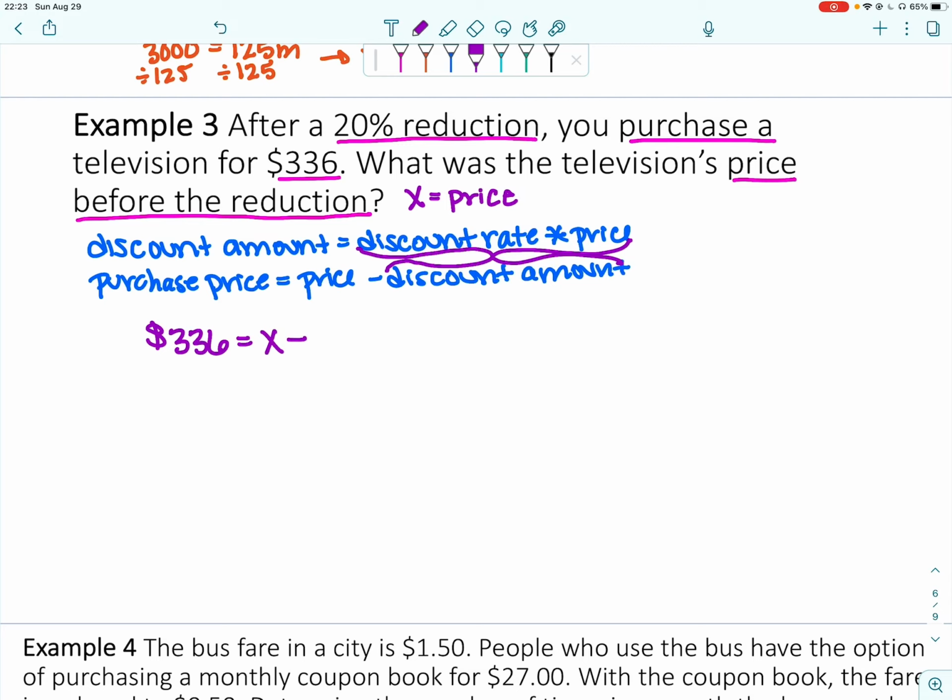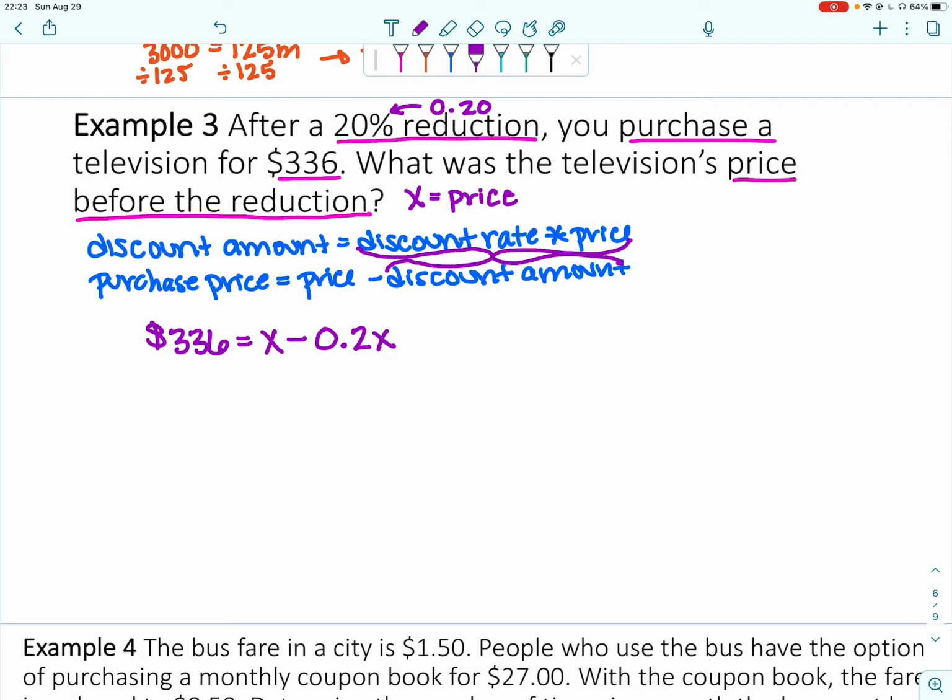Minus, we had a 20% reduction. We can't do math with percentages, so I have to turn that into the decimal equivalent, which is 0.2. So the discount rate is 0.2 times the price, which I still don't know.